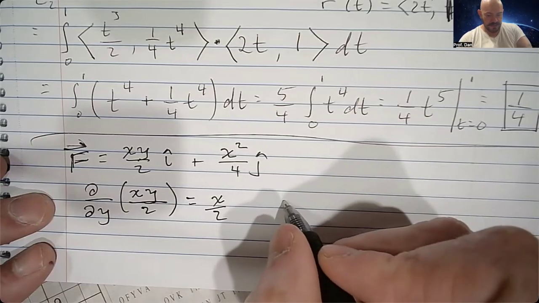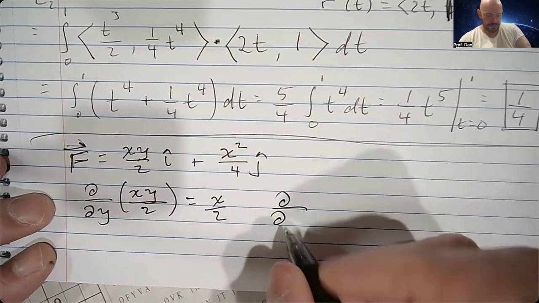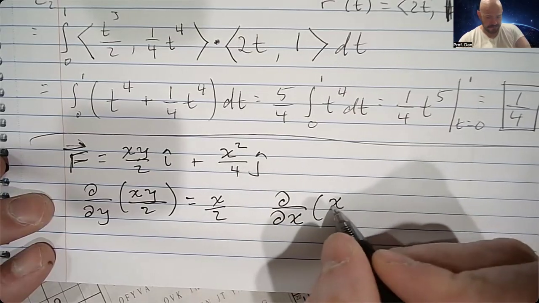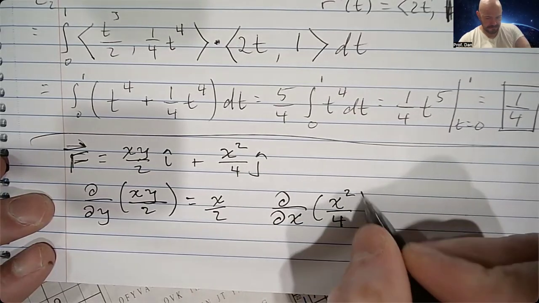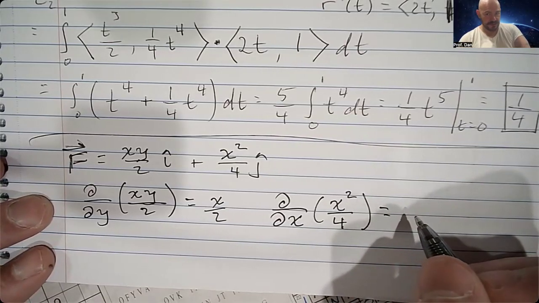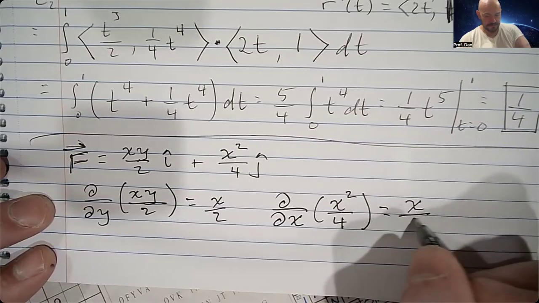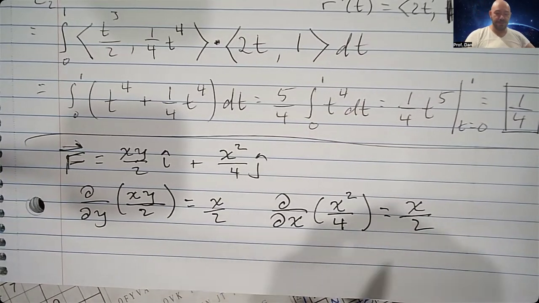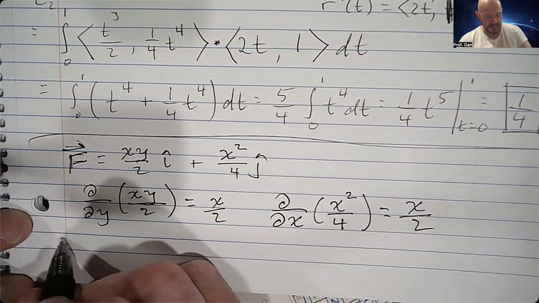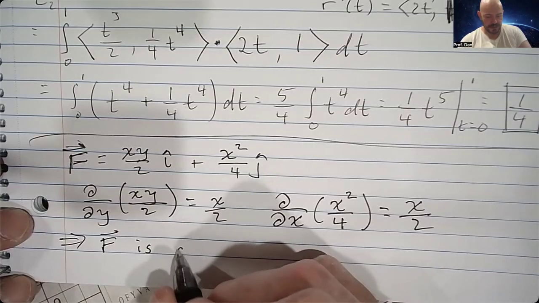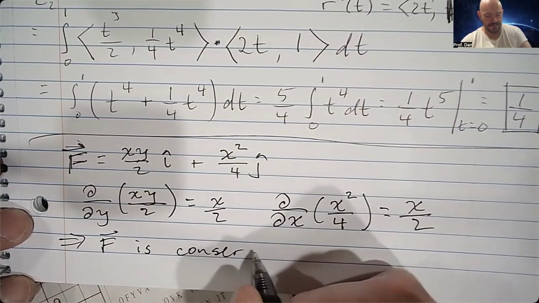Okay. If I take the partial derivative with respect to x of my j component, I end up getting 2x over 4, but guess what that simplifies to? Because these mixed partials result in the same thing, remember what that means. That means that F, this force field, is conservative.